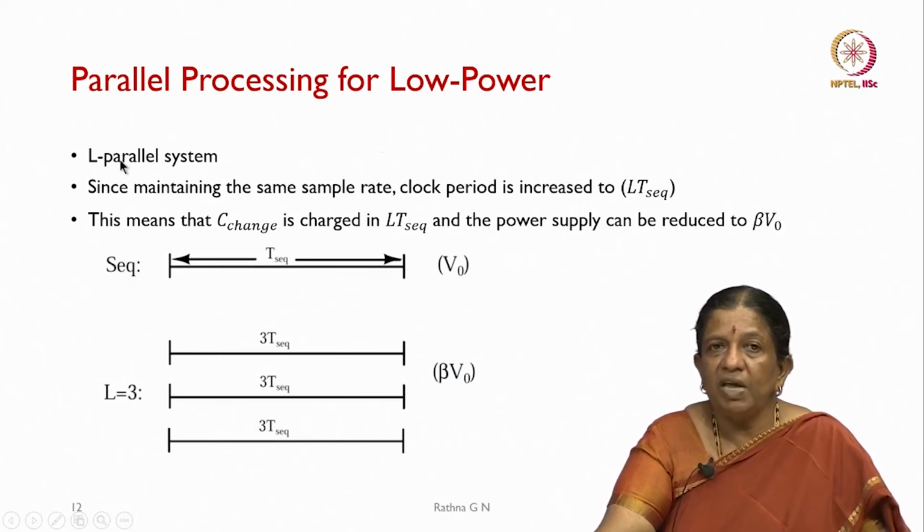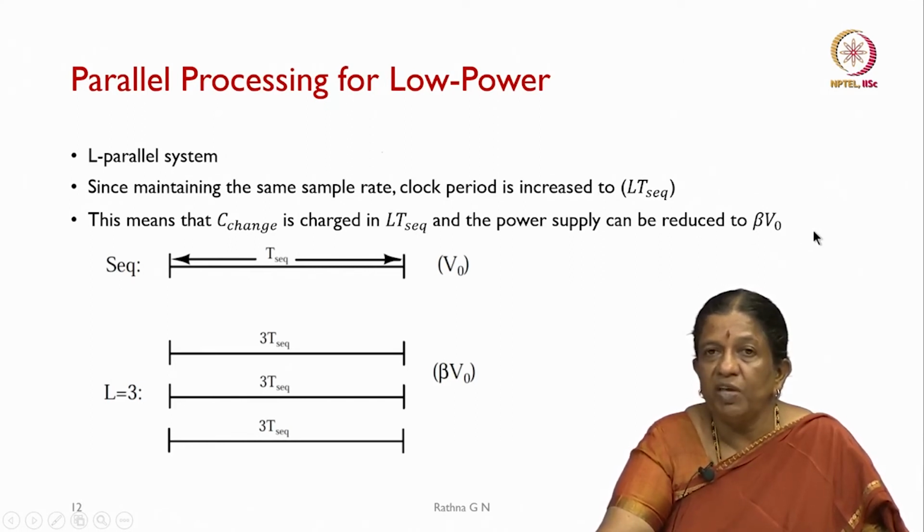So, we say that we have an L parallel system. Since we are maintaining the same sample rate, the clock period is increased to L times the sequential one. This means that your C charge is charged in L into T sequential, and the power supply can be reduced to beta times V naught.